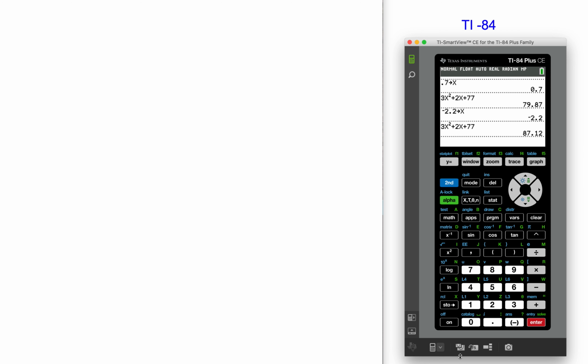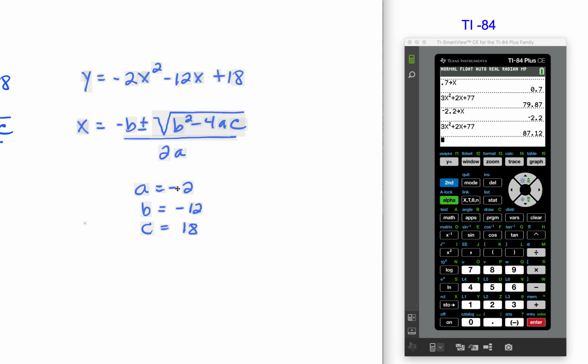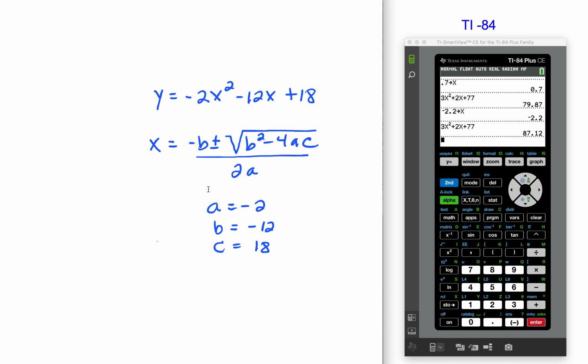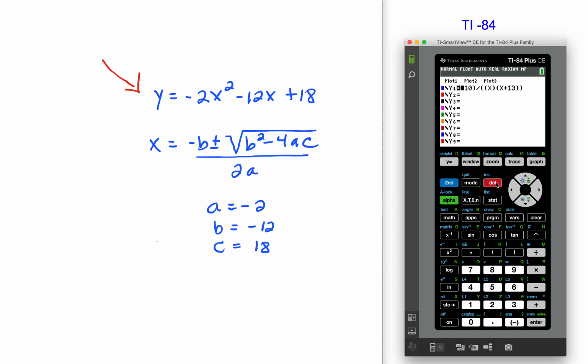Okay, let's talk about graphing, using the graphing feature. So we're going to graph this quadratic equation right here.